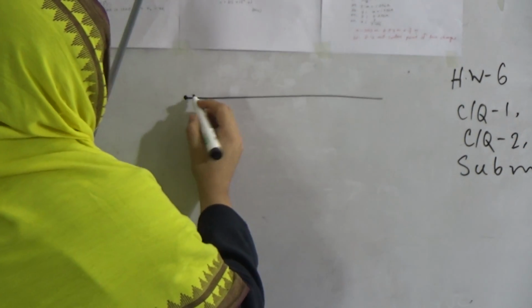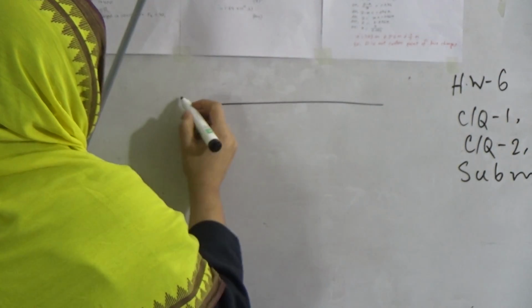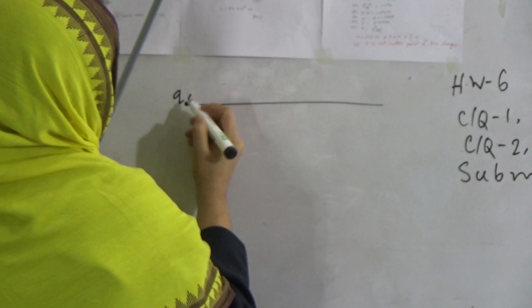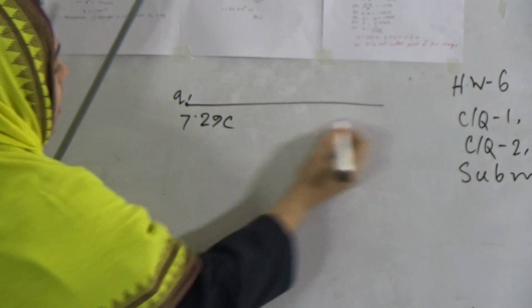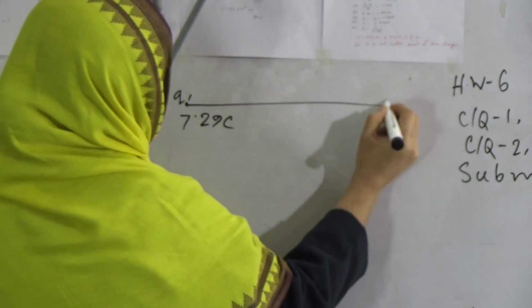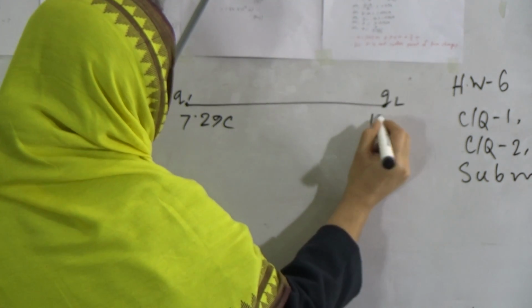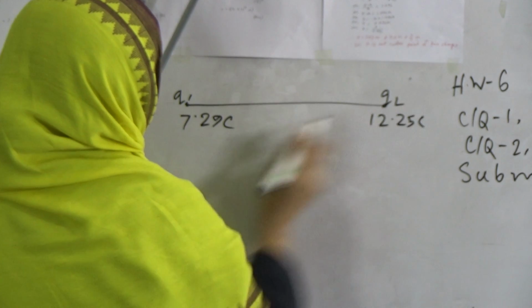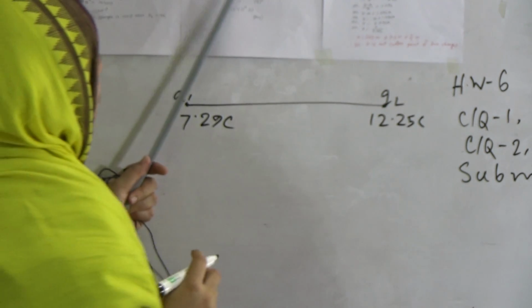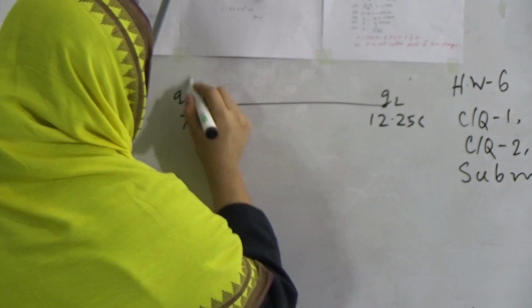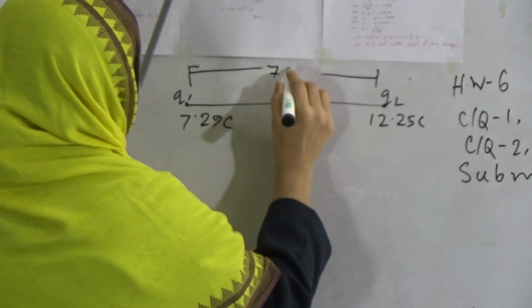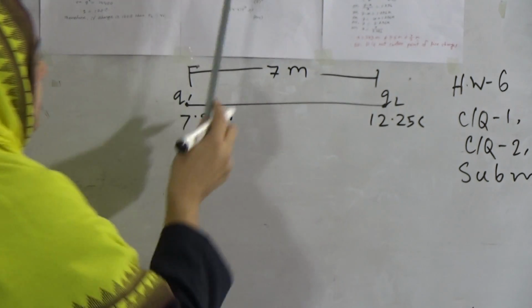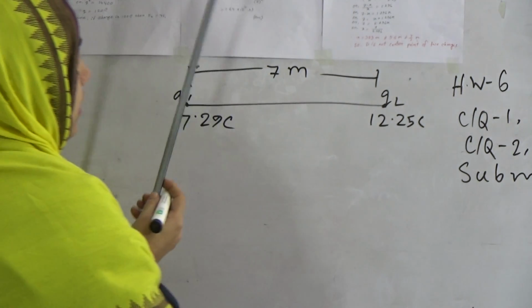Suppose this one is the first charge Q1, with a value of 7.29 coulomb. Second, this one is the second charge Q2, that is 12.25 coulomb, and the distance between these two charges is 7 meters, as given in the stem.